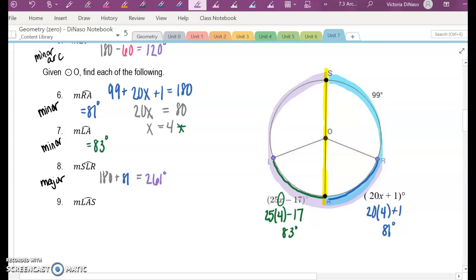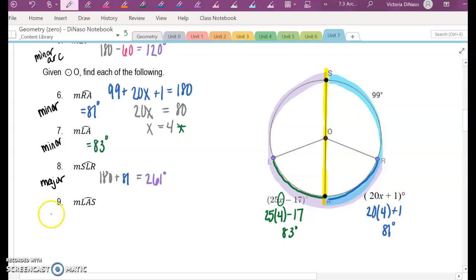So that major arc from S to L past the A going over to the R is going to be 261. And again, I did that because we have half a circle, a semicircle, which is 180, from S to A, and then we add just a little bit, that 81, and we get 261.